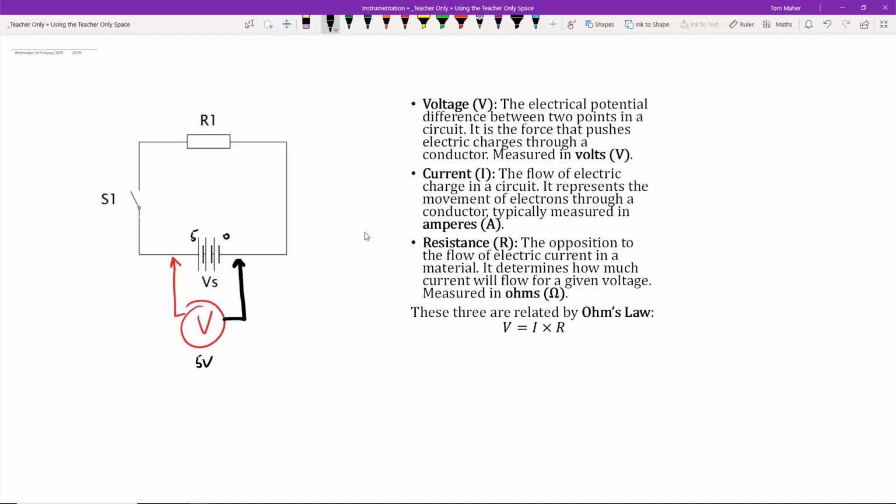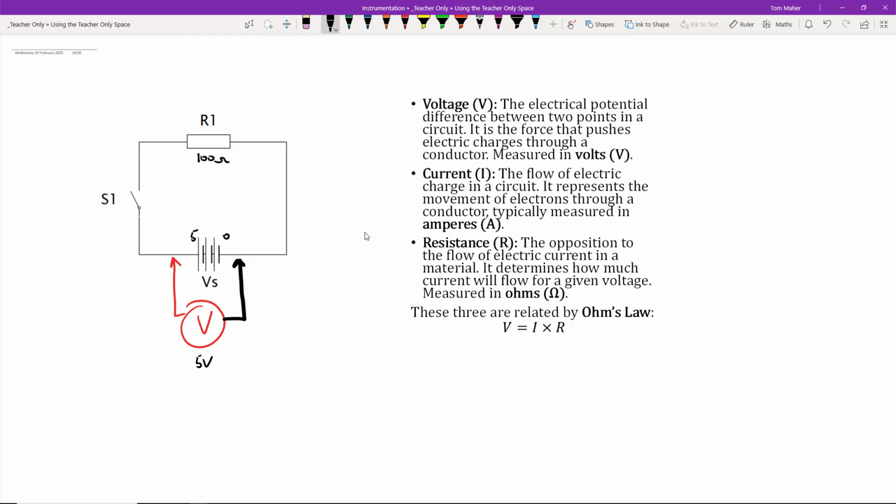So for instance, that resistor there, R1, it has a particular resistance. The one I have on my circuit that we'll look at in a minute will be 100 ohms. So that will be a 100 ohm resistor. We can measure the resistance of that, and for the most part, with the components we're going to look at, that resistance doesn't change. It's slightly variable to temperature, but essentially it won't change for us.